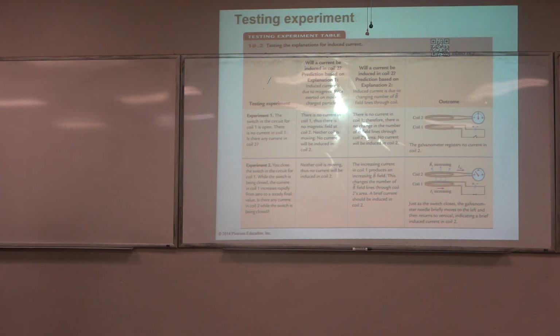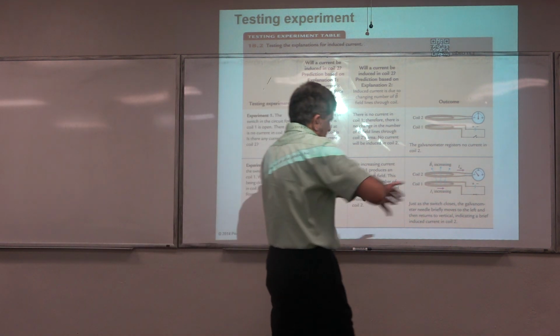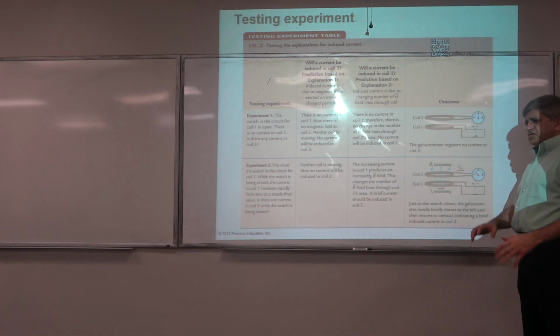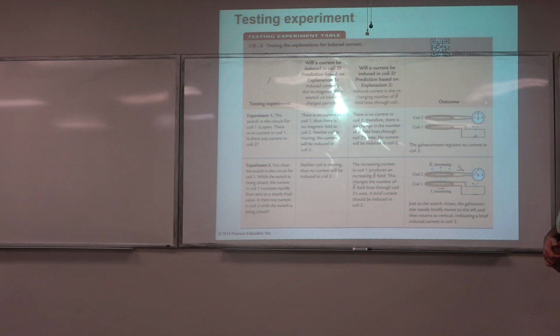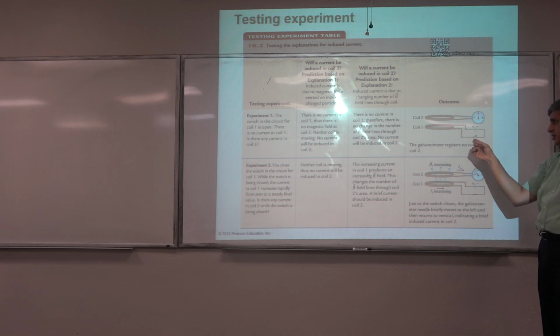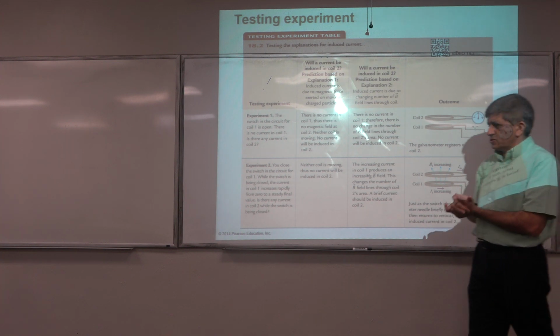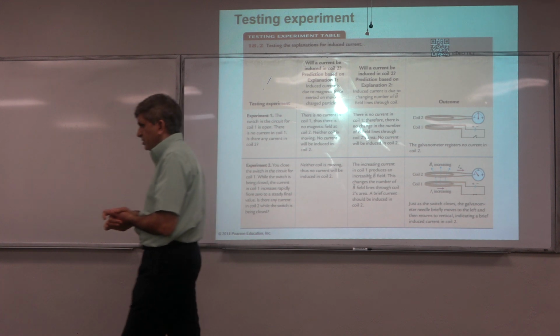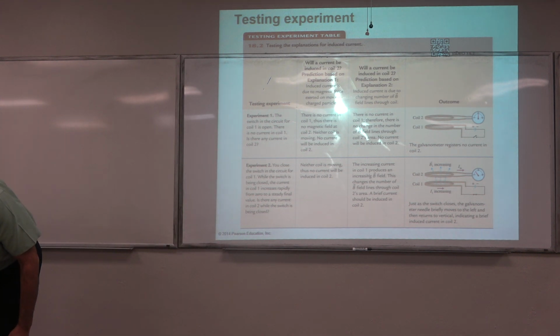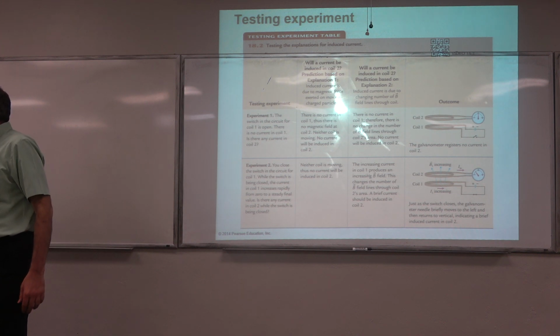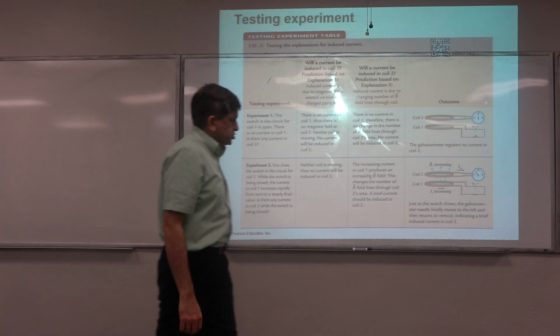Now here is another way to look at it. Let's put the magnets away. Let's take two coils. One coil is just connected to a galvanometer and not any power source, whereas the other coil is connected to a power source, a battery, and the switch is open. When I place these coils close to each other while the switch is open, both coils have no current flowing through them, so nothing is going to happen. They will keep staying there forever. Now let's close the switch.